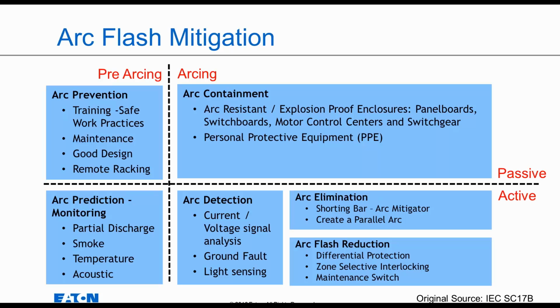So what I've done is I've kind of broken down arc flash mitigation into several categories. Originally I saw a matrix like this done at an IEC standards conference. It has pre-arcing conditions, where you have arc prevention and arc prediction monitoring.